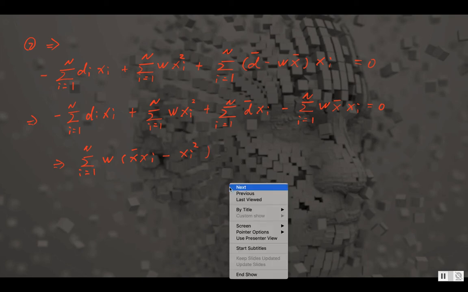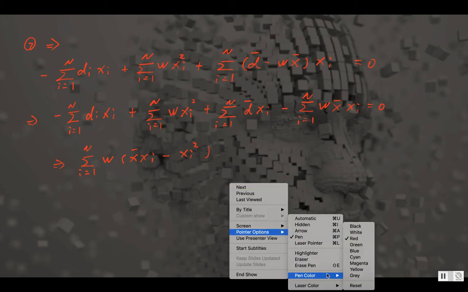Here has w term. This is minus xi square. This term has a w. Let's mark this one, use a different color. So this term has a w term, and this term has a w term. So we move them together, both on the right side.